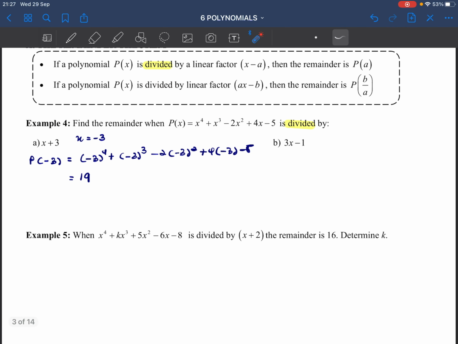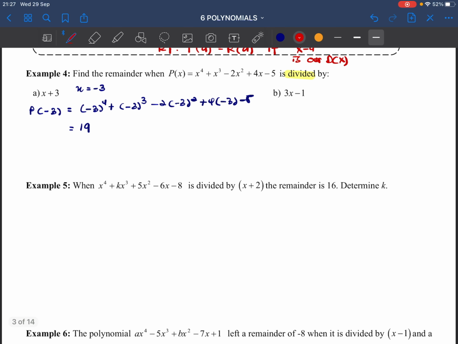Because we know that, we conclude that by the remainder theorem P(a) equals R(a) if x minus a is our divisor. So now we can conclude that the remainder of P(x) is equal to 19. Alright, so now we have 3x minus 1, which has root x equals 1 over 3.